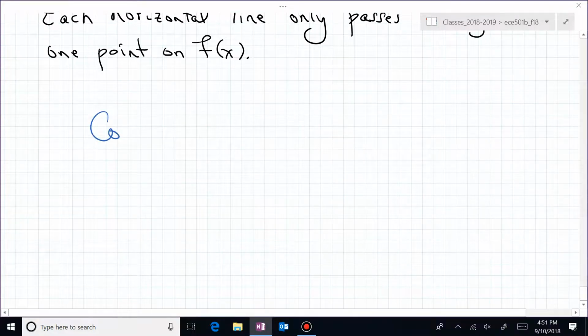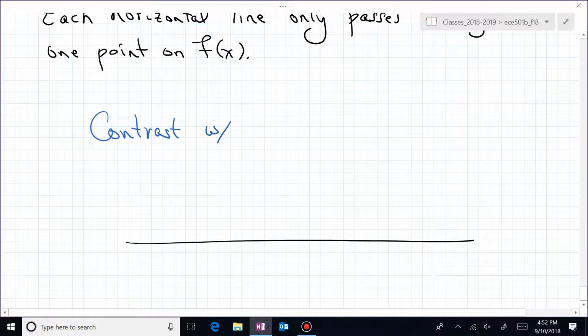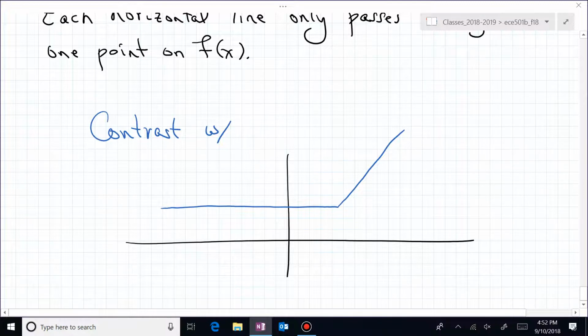So let's look at something that doesn't satisfy that. So contrast that with, that was a one-to-one map. You give me an x, I give you one y or f of x. What about a many to one map? What if this were flat and then it went something like that? Now, here you give me an x1, somebody else gives you an x0, and they map to the same point.